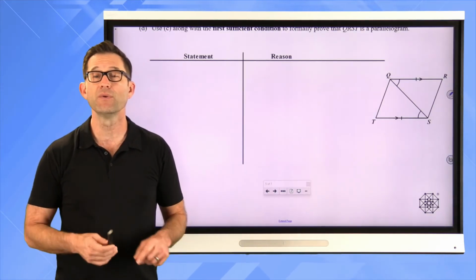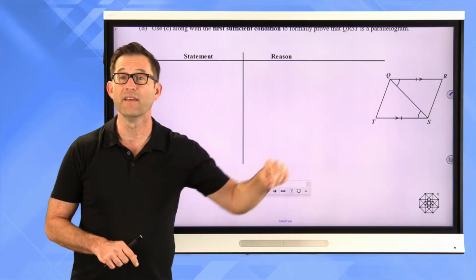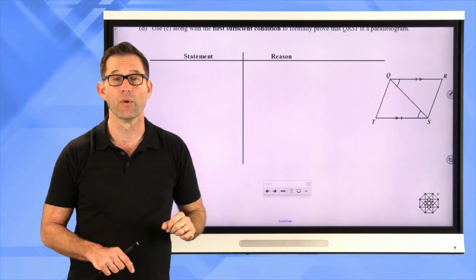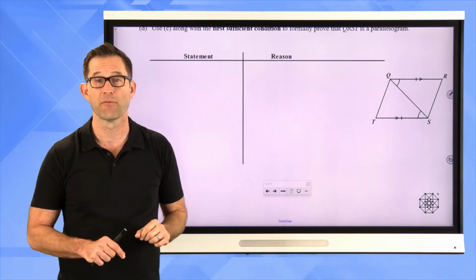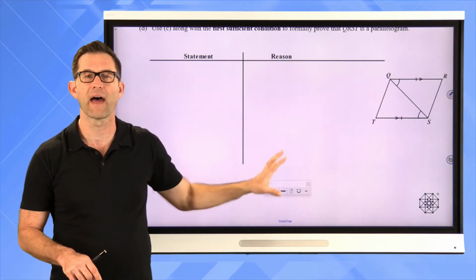I can put those two together to prove sufficient condition set number 2, i.e. that if I've got one set of sides that is both parallel and congruent, that also tells me that I have a parallelogram. Pause the video now and see if you can get that proof down.